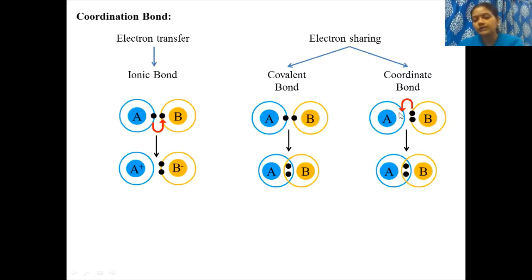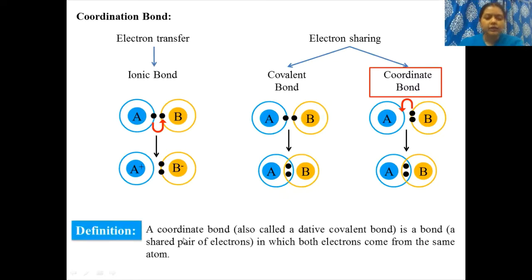Then B donates this electron pair to A, and both A and B share this electron pair and form the bond. This is a coordinate bond. In this coordination chemistry chapter, we will only consider coordinate bonds. So what is the definition? A coordinate bond is a bond in which both the electrons come from the same atom, which is the ligand.